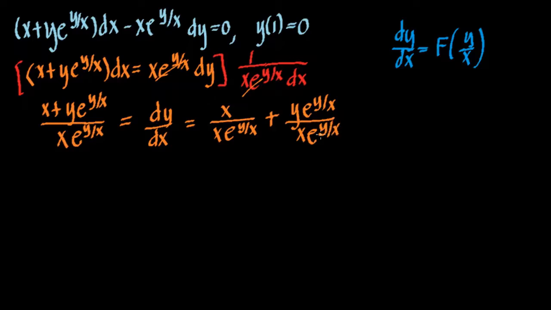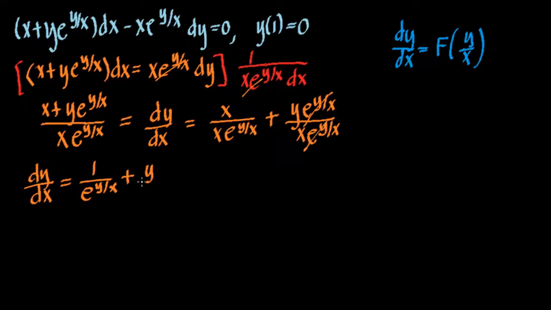Now we have dy over dx is equal to 1 over e to the y over x, since x over x is just equal to 1, plus e to the y over x over e to the y over x is just 1, so cancelling that out, we're left with y over x here.